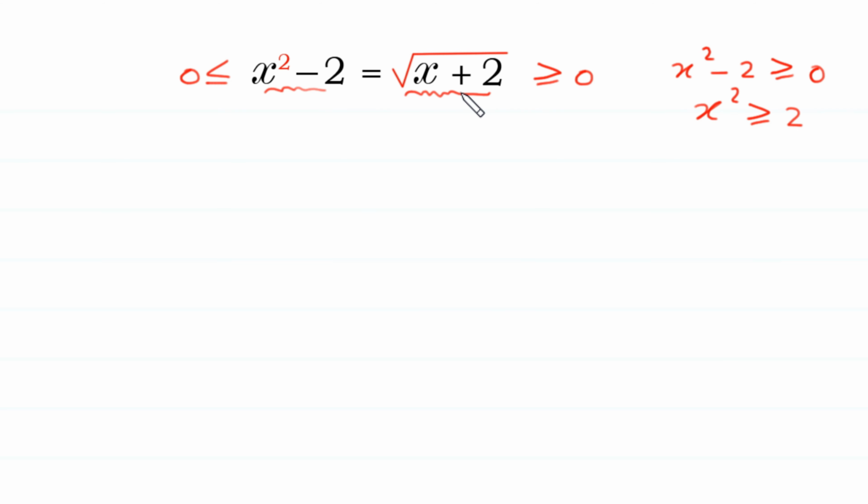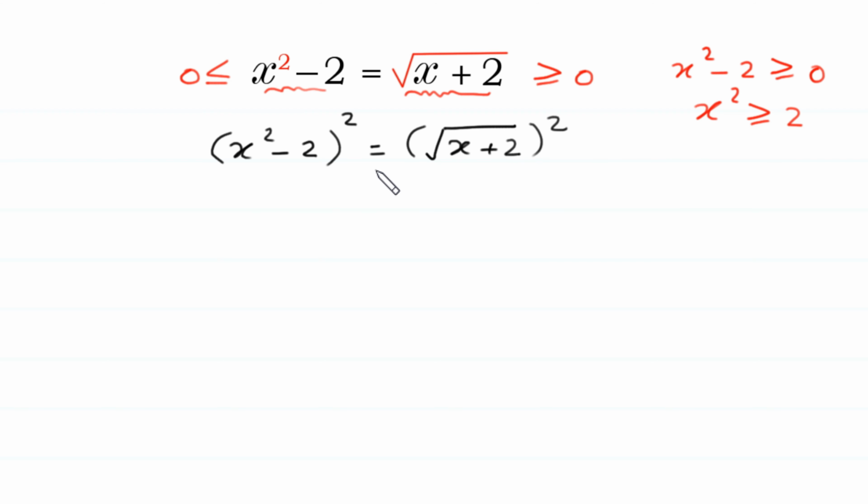Now let's start by squaring both sides. (x² - 2) squared on the left side is equal to the square root of x + 2 squared on the right side.